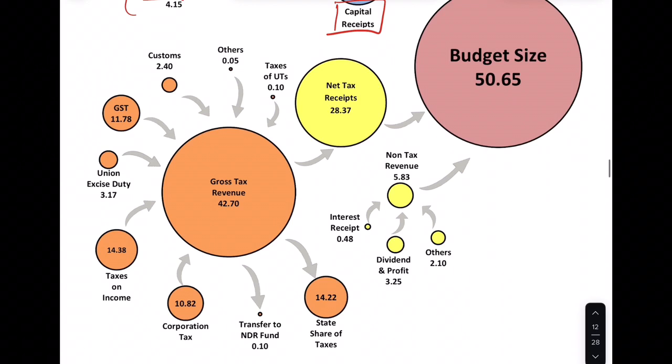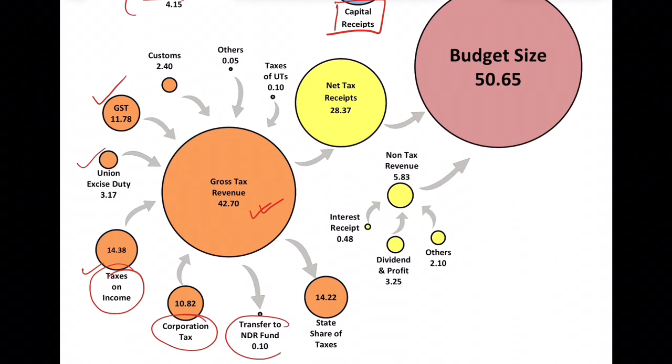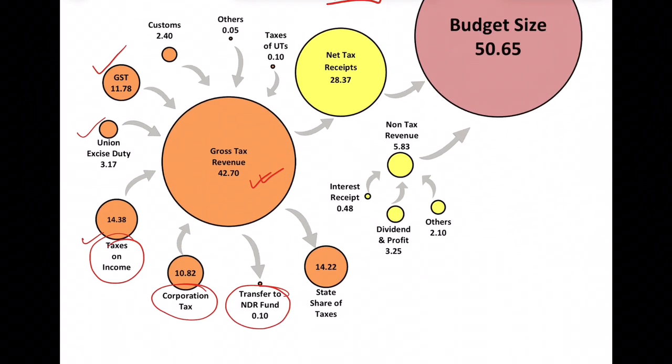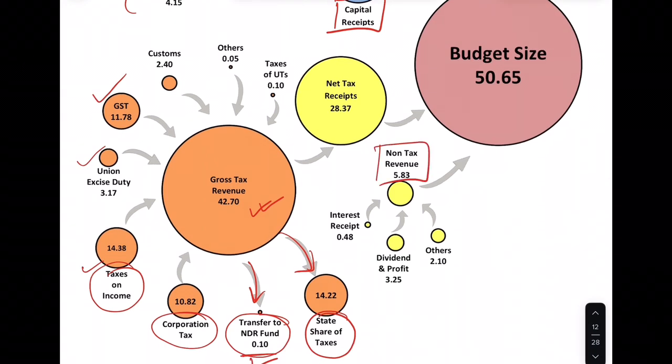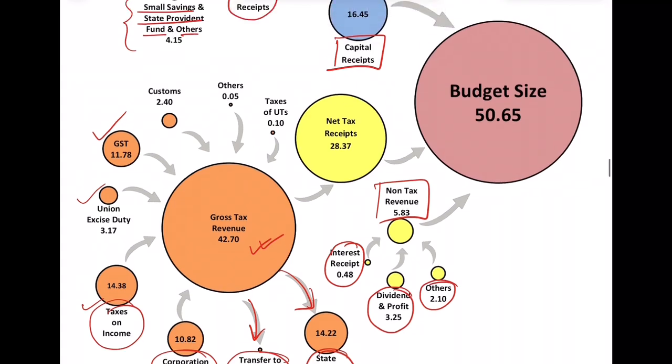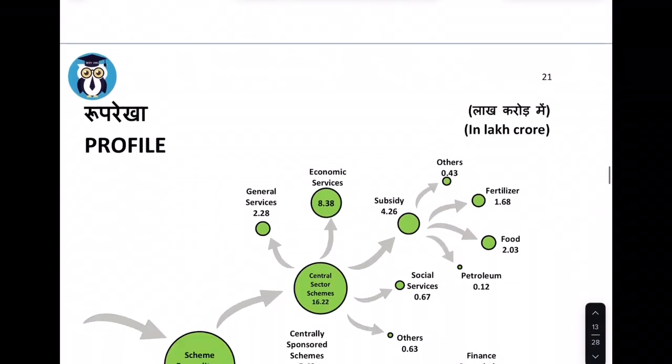And similarly, gross tax revenue shows the revenue part: the GST, Union Excise Duty, taxes on income, corporation tax, transfer to NDRF, meaning National Disaster Relief Fund, and it is actually spending. And 14.22 is the state share of the taxes. And here the non-tax revenue: the interest receipt part, dividend and profit, and others.